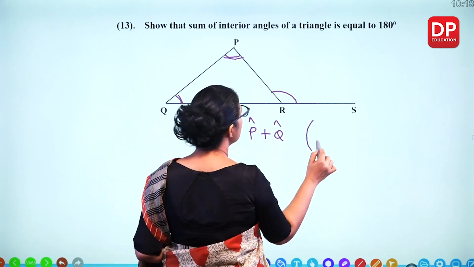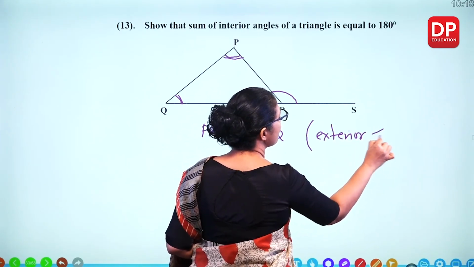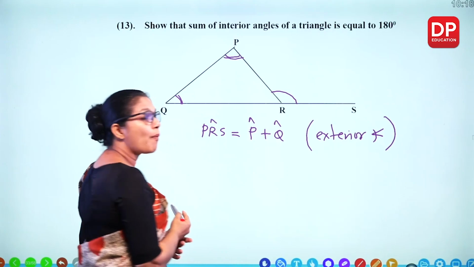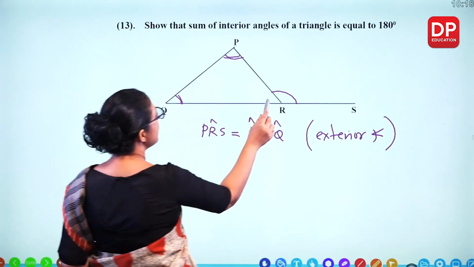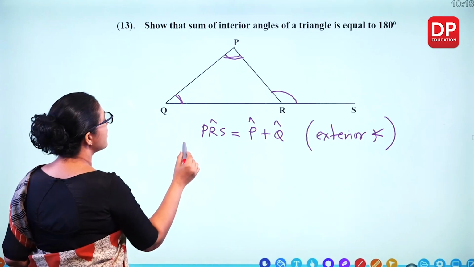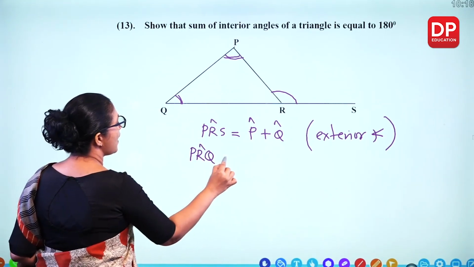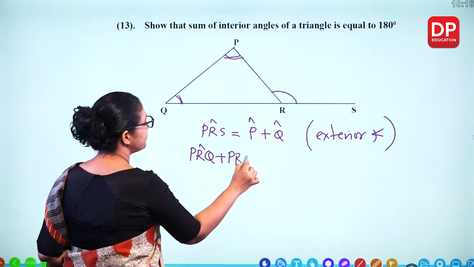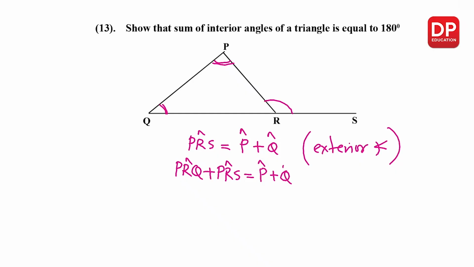That's, the exterior angle is equal to the sum of opposite interior angles. Now we'll add this angle to both sides: PRQ angle, PRQ plus PRS, equals P plus Q plus PRQ.